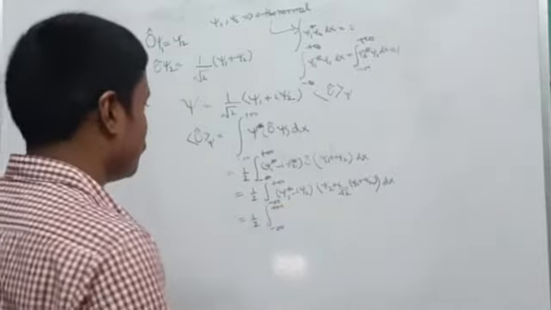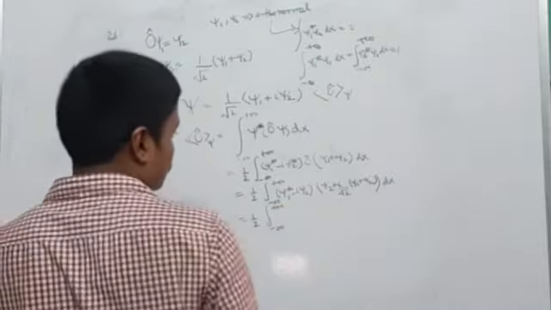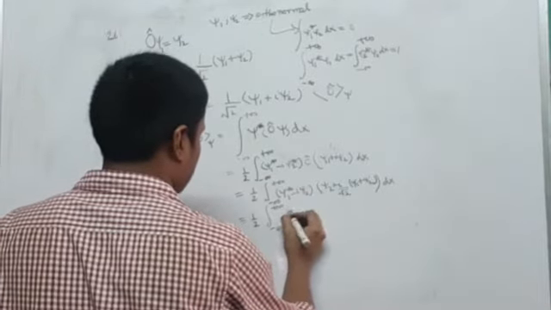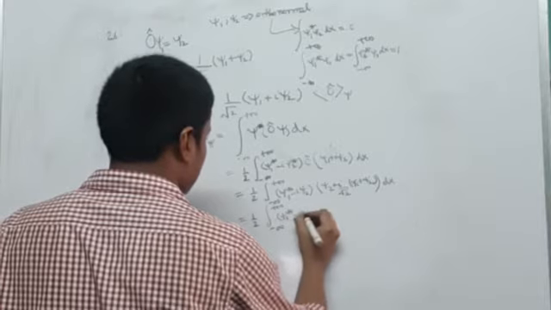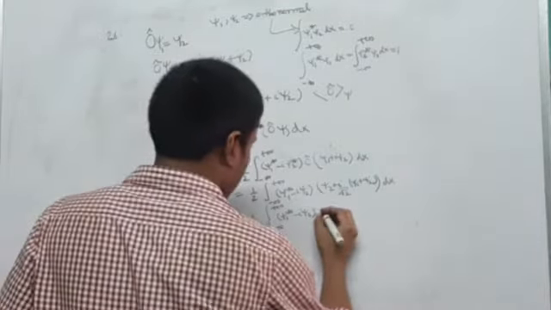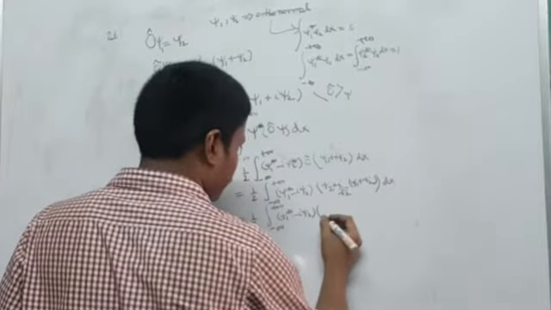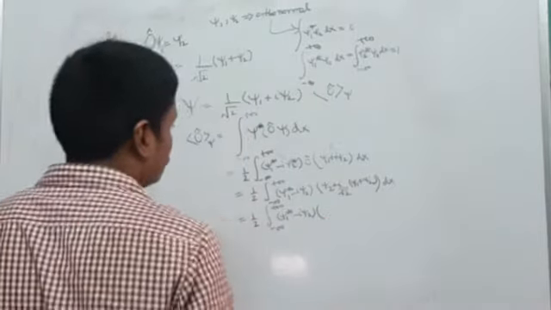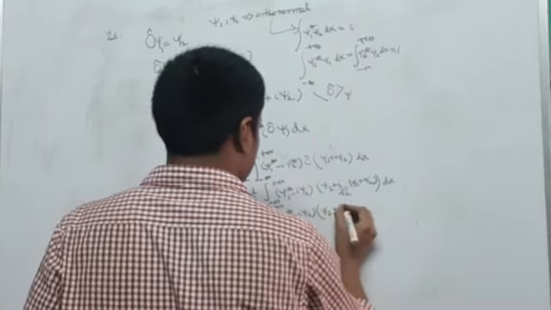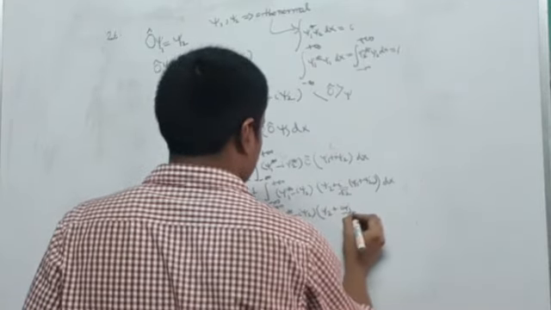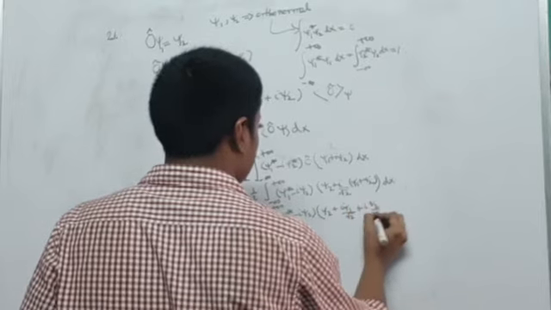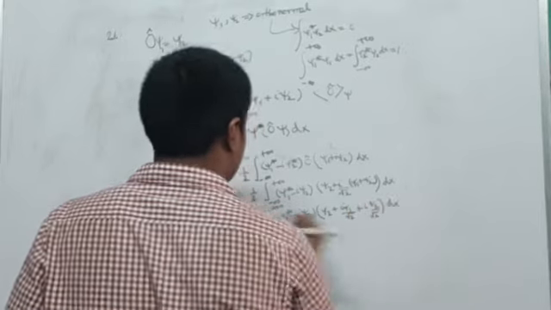Now we have to carry out some multiplications. Let's simplify this first. Let's write it out: psi 1 by root 2 plus i psi 2 by root 2, d of x.